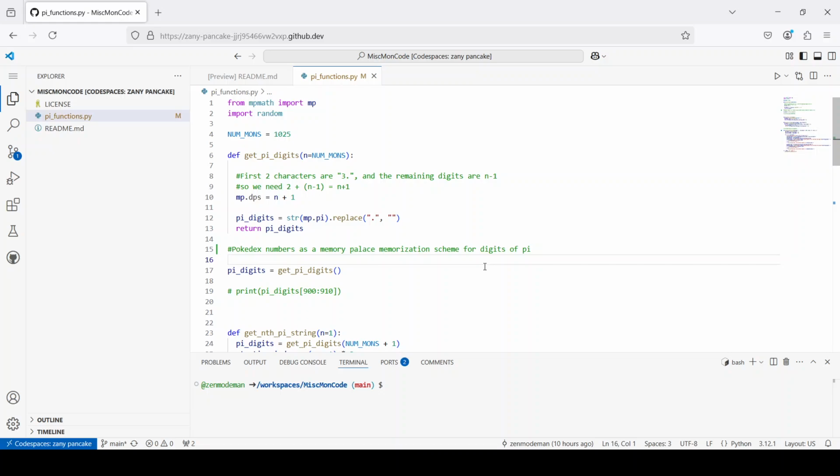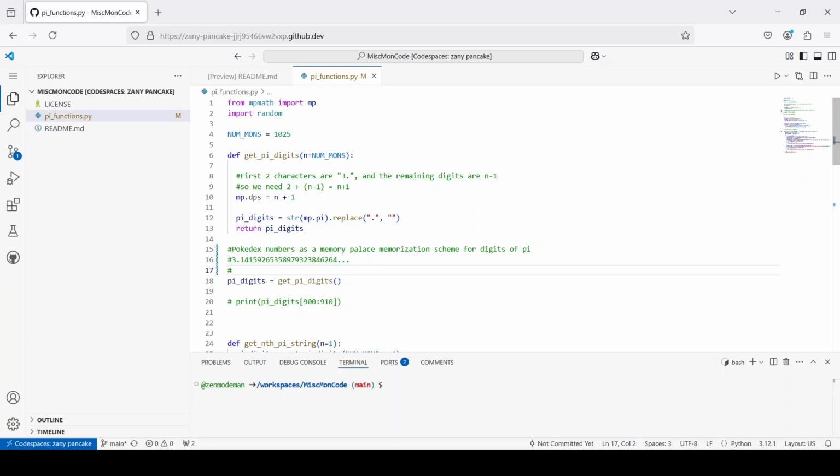In the case of pi, let's say we start with 3.14159265358979323846264 and so forth.